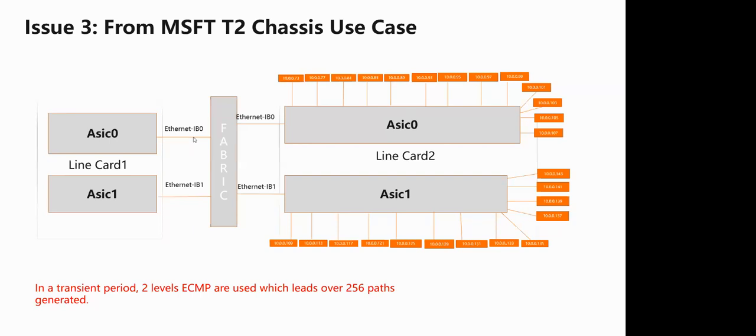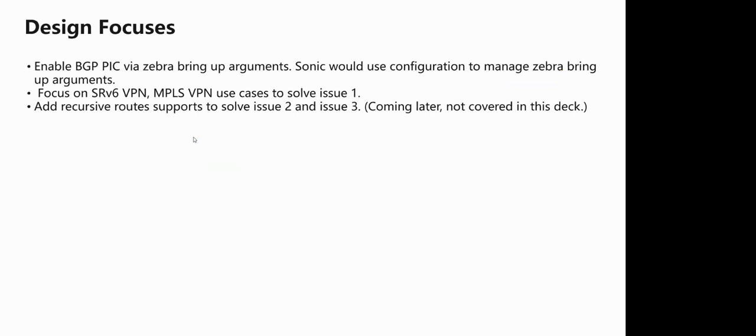So this is the motivation for introducing the PIC. For the design, this is the high level of what problem we want to solve. The first thing is we want to enable the PIC via a zebra bring-up argument. We don't want to enable or disable on the fly because that would be way too much.